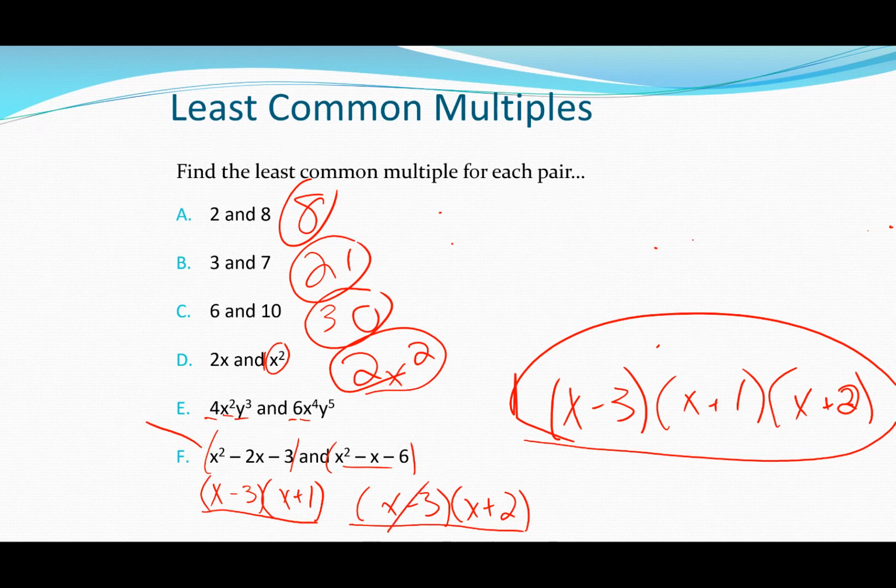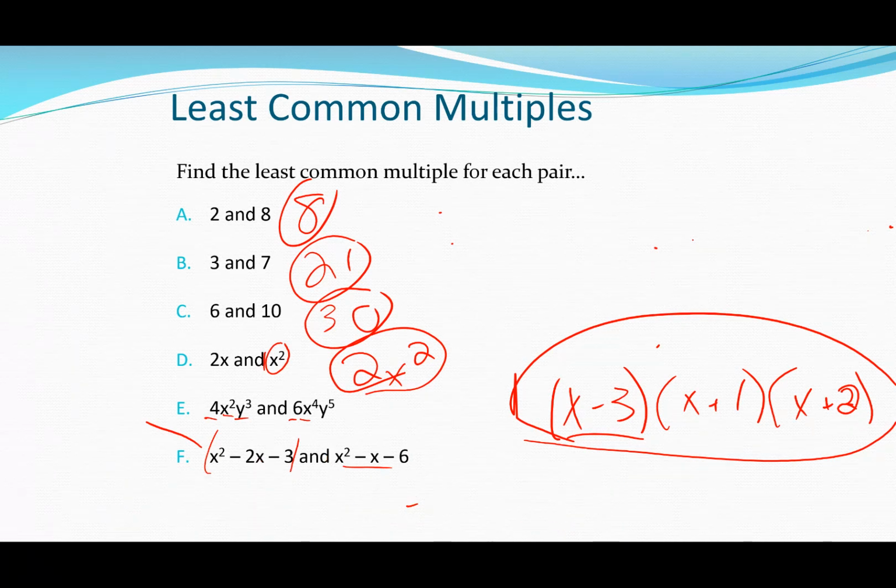They already have x minus 3 in common. This group is missing an x plus 2, so you can add an x plus 2 to it. And this other one's missing an x plus 1. So if you add an x plus 2 to this group, it'll be the same as this group with another x plus 1. So now you can see that they're both the same. So basically, it's kind of just one of each when it comes to those binomials.